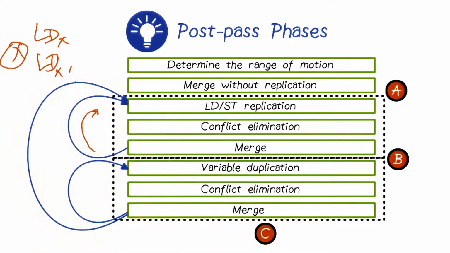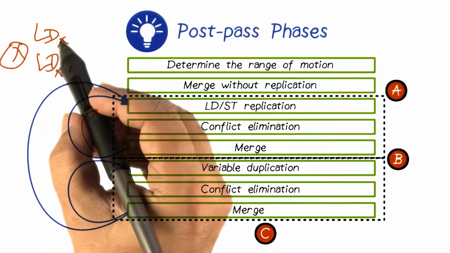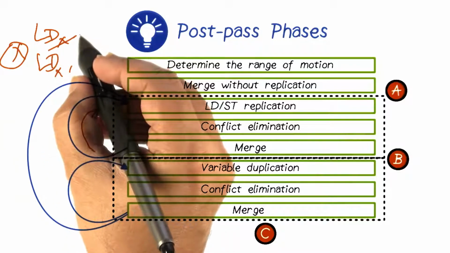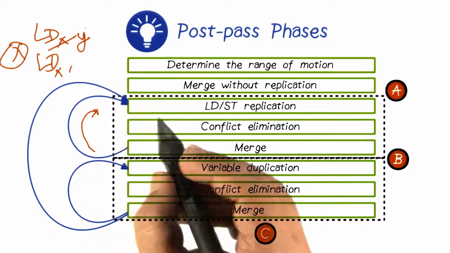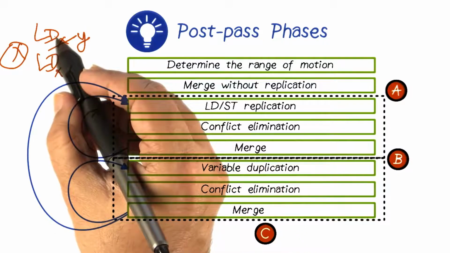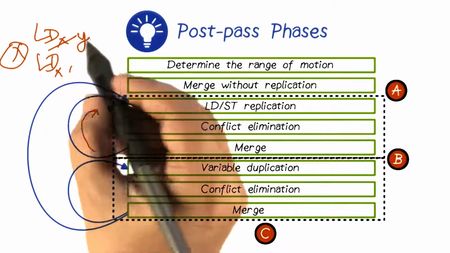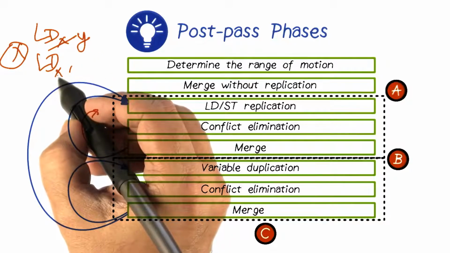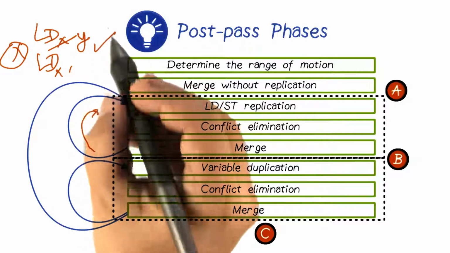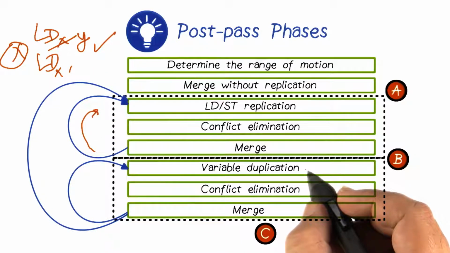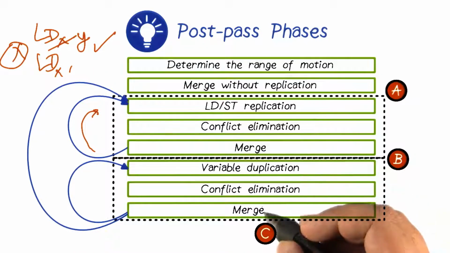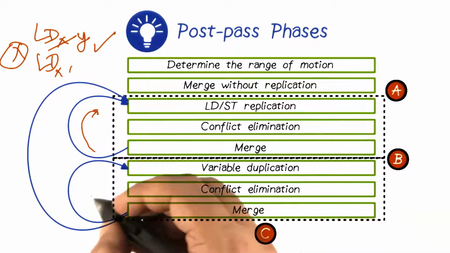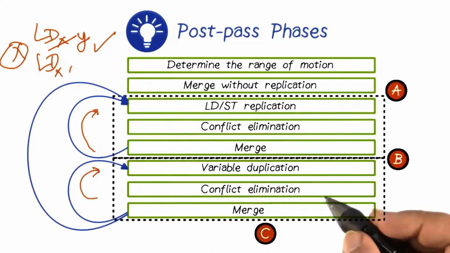So in such a case, what we could do is we could replicate the variable, and we could now load a new value out of a Y bank where that can be now merged with this load. So since this variable is now being loaded out of Y bank and the other one is being loaded out of X bank, now we can merge these two together, and that's the goal of variable duplication. Similarly, we keep doing this, and it could open certain other opportunities, and we keep iterating and exploiting those.